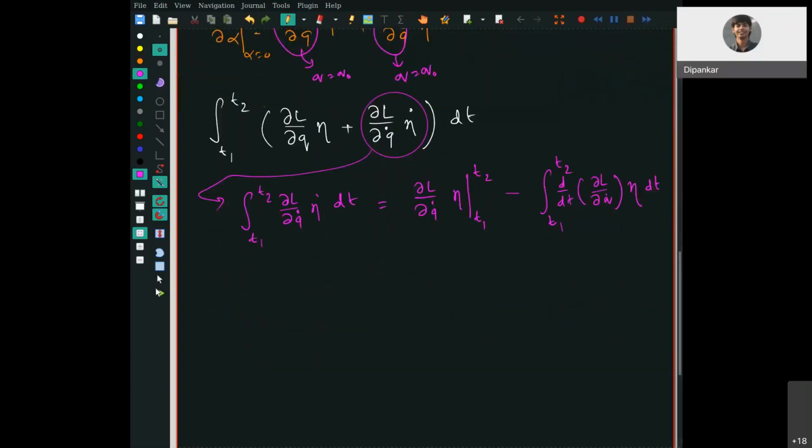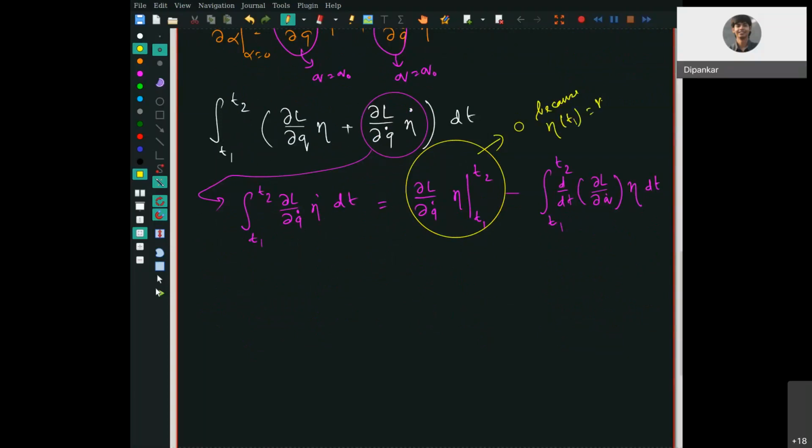Now, first thing you should notice is that this boundary term vanishes, so this is 0, because eta at t1 and eta at t2 are both 0. Because my system should pass through the endpoints. It should pass through q1 t1 and q2 t2.